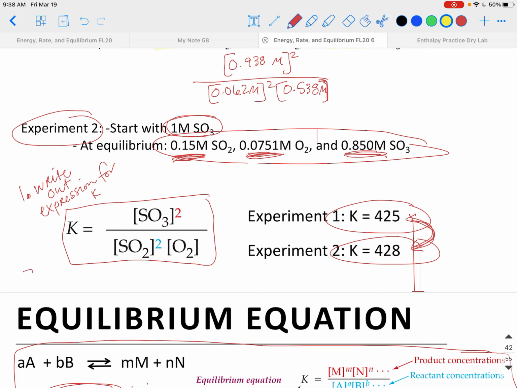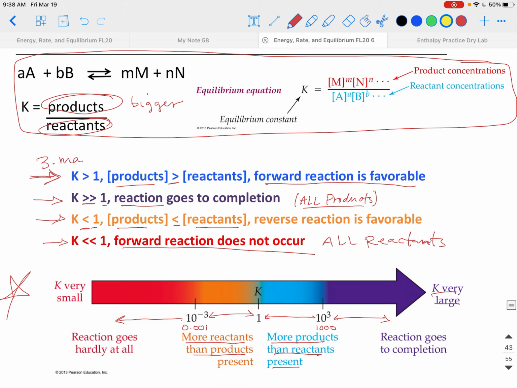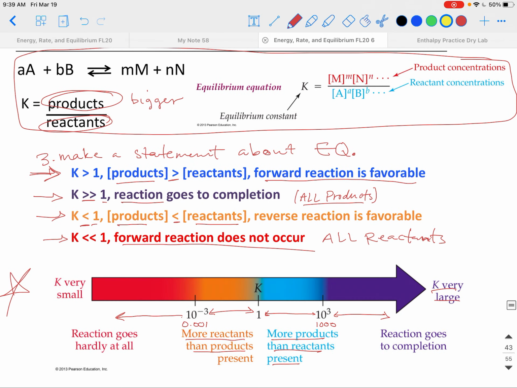Then two, calculate K. I will give you the numbers, and you just plug them into the expression you've written and calculate K. Then, thirdly, make a statement about equilibrium, EQ stands for equilibrium. Tell me, do you have more products or more reactants? Tell me, is the forward or the reverse reaction favorable? This is what I want you to be able to do with equilibrium from the stuff we just talked about.